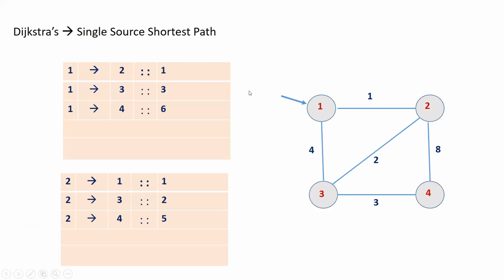For example, if I consider the source node as 1, Dijkstra's gave us the shortest path from 1 to 2, 1 to 3, 1 to 4. If the starting node is 2, it gives us the shortest path from 2 to 1, 2 to 3, 2 to 4. If you change the source vertex, the output changes, because the output is calculated with respect to that particular vertex.